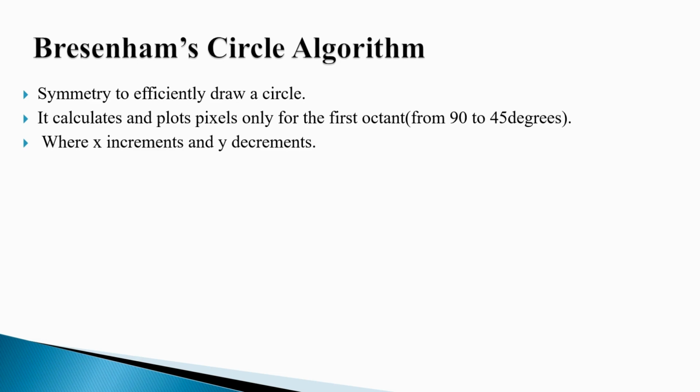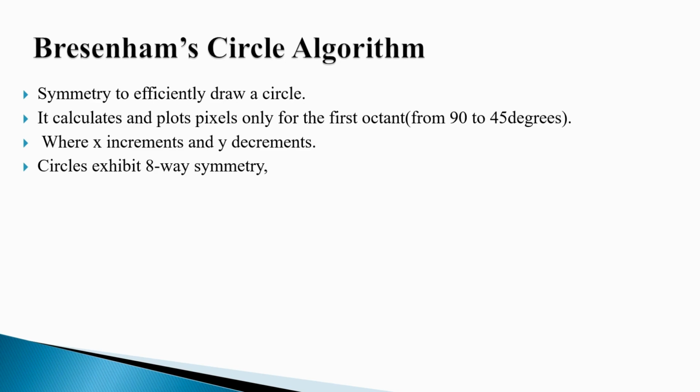Here x is incrementing and y is decrementing, or it will be the same as the previous one. How it does this, we will discuss in this video. Okay, how does the Bresenham circle help to draw a circle?